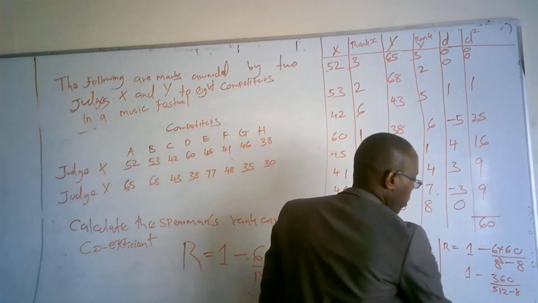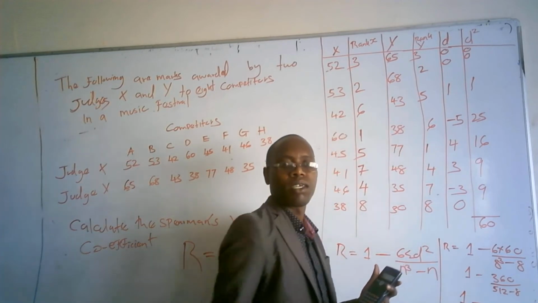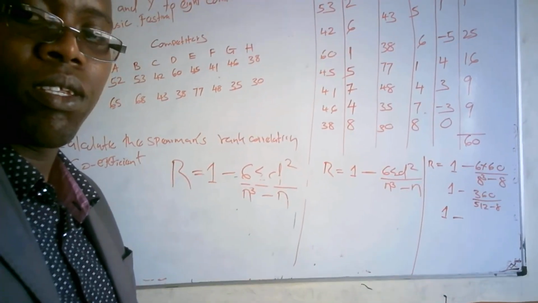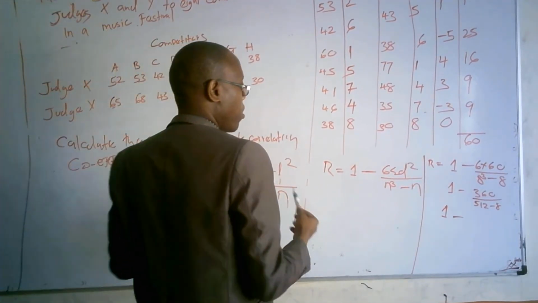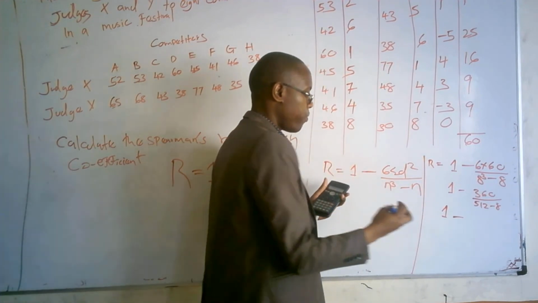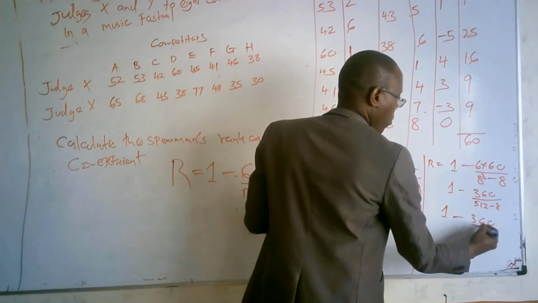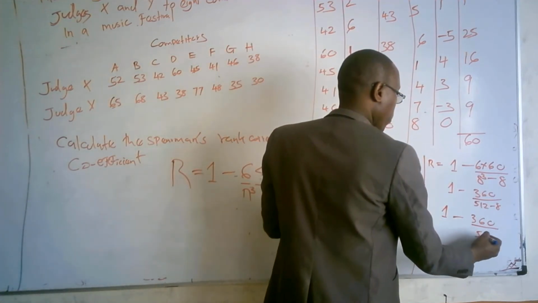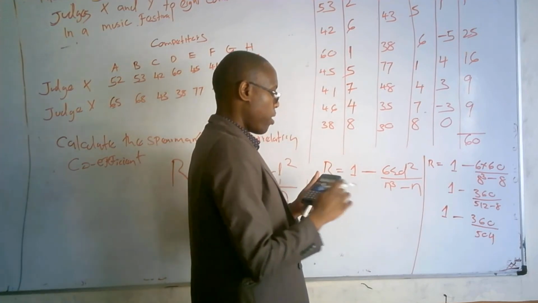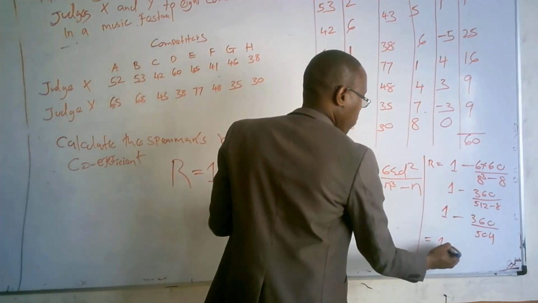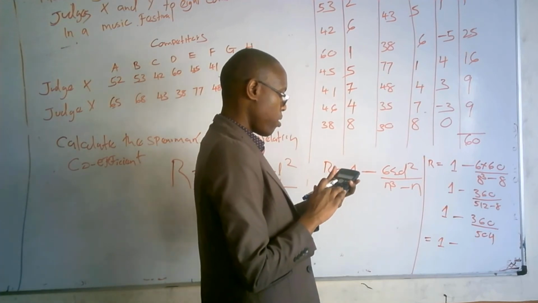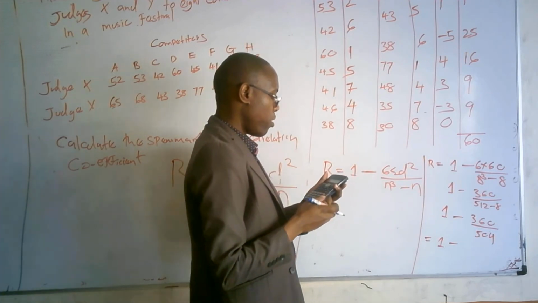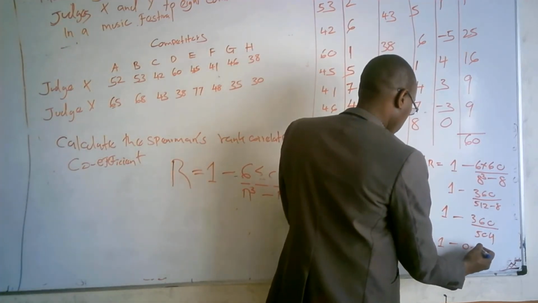So which is basically 1 minus, let me adjust that camera so that you can see it. So which is basically 1 minus 360 over 512 minus 8, that's 544. Then this 360, so it's going to be 1 minus 360 divided by 544, which up to 4 decimal places is going to be 0.7143.